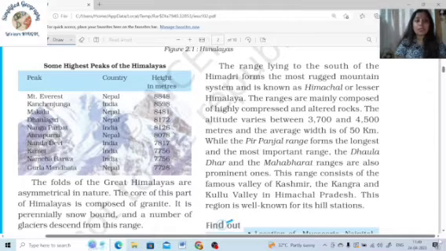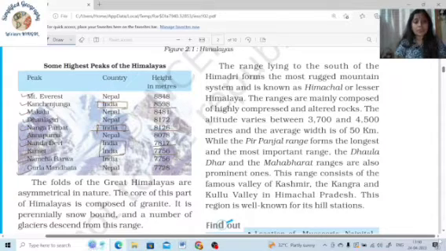Some highest peaks of the Himalayas: Mount Everest, Kanchenjunga, Makalu, Dhaulagiri, Nanga Parbat, Annapurna, Nanda Devi, Kamet, Namcha Barwa and Gurla Mandhata. Now among all of these, Kanchenjunga is in India, height 8,598. Nanga Parbat is also in India, height of 8,126.